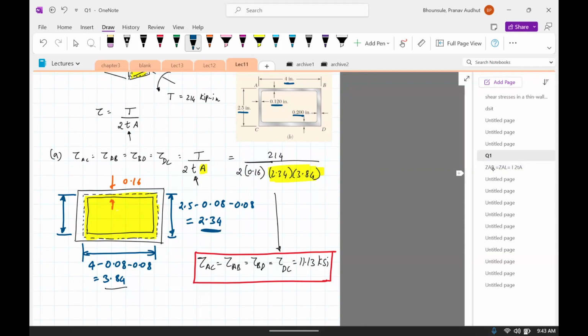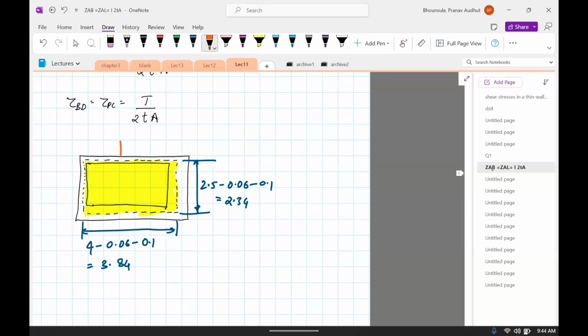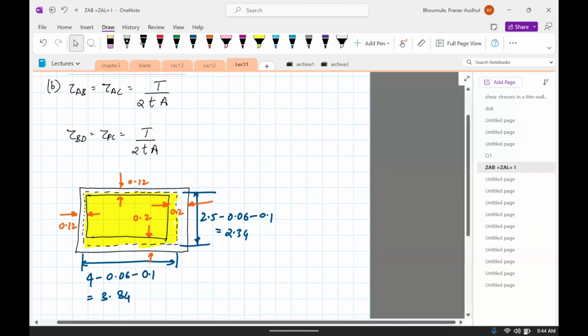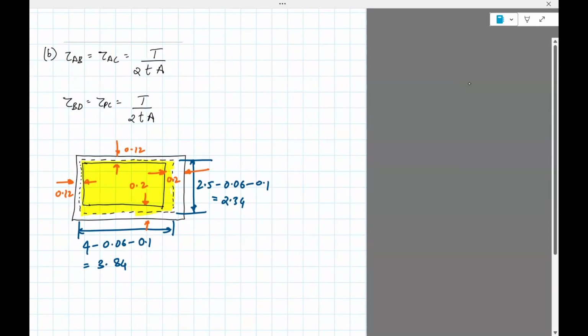What will change, however, is the thickness. So thickness 0.16 versus 0.12 and 0.2. So with that, we can solve this problem. So the torque is 24 over 2 times the thickness of AB or AC.